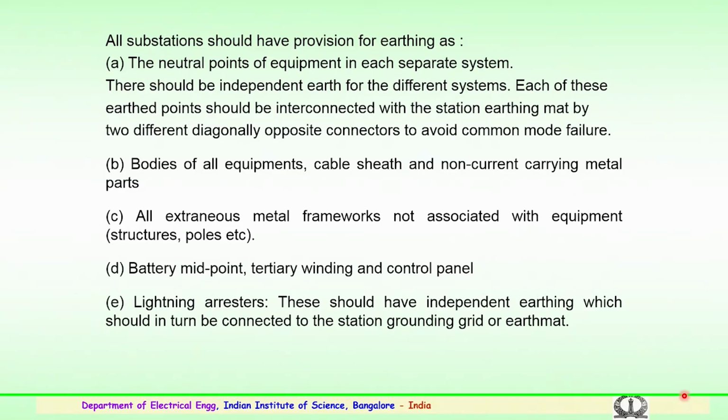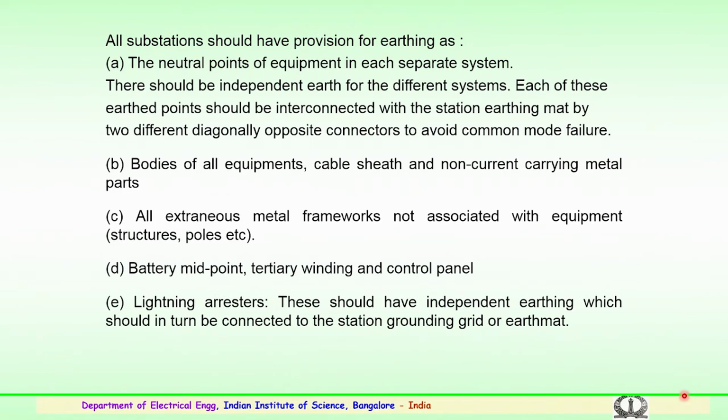Any extraneous metal frameworks which are not associated with the equipment, structure, poles etc. are also to be earthed. The battery midpoint, the tertiary windings and the control panels also have provisions for earthing.